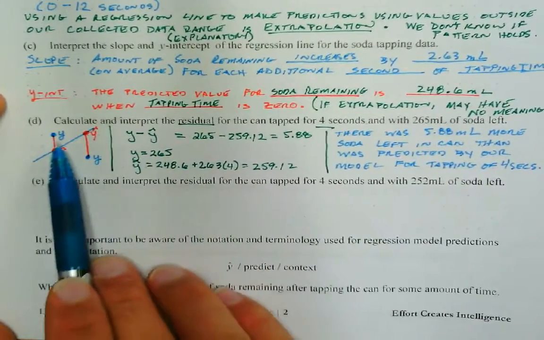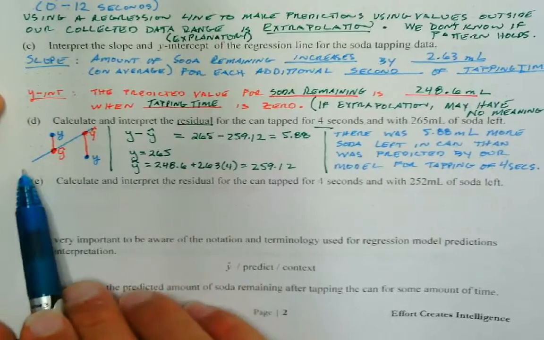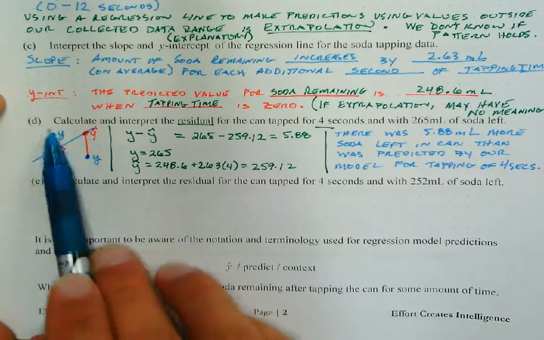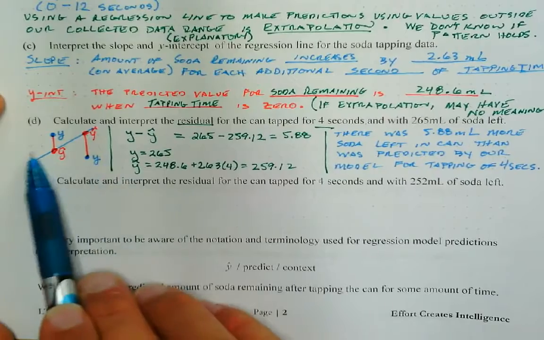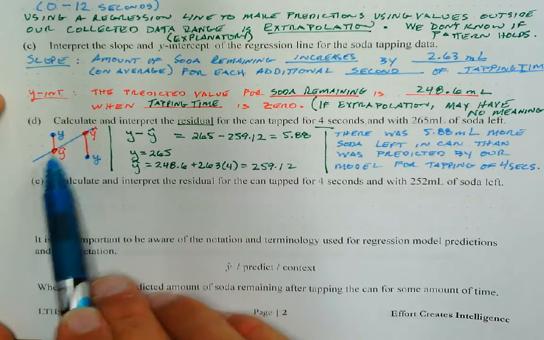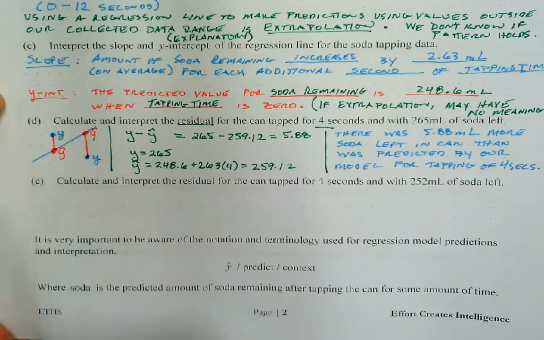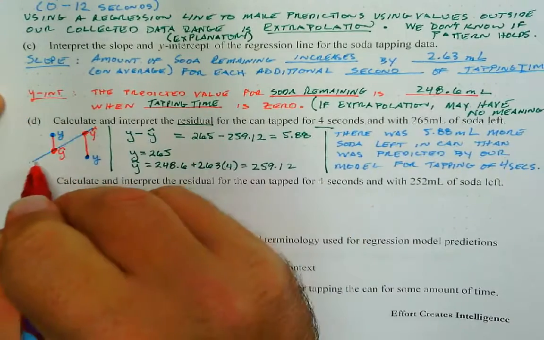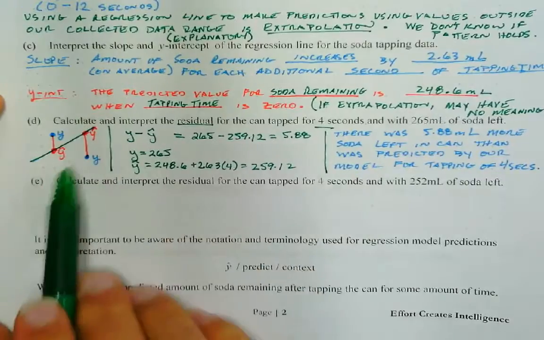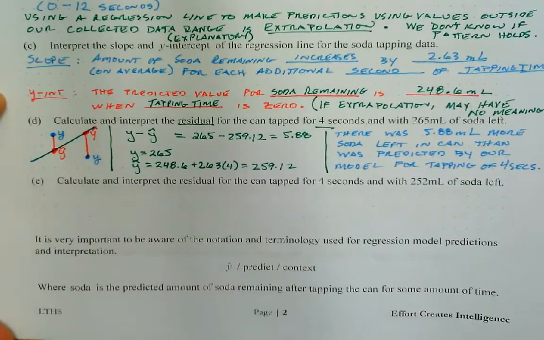If I've got this scatter plot, the points that I actually have as my data are my y's. The points that are predicted on my linear regression line are my y hats.